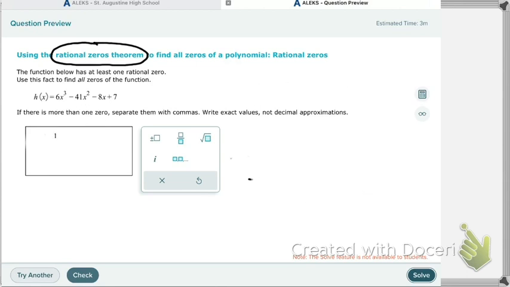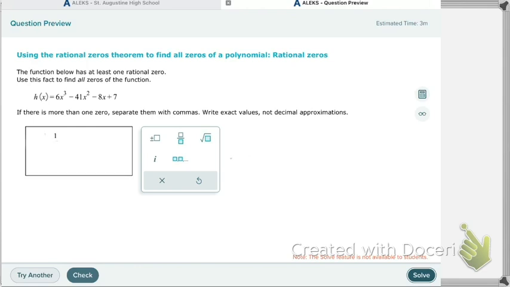All right. So what is this rational zero theorem? The rational zero theorem says that if a polynomial has a rational zero, and it might not have a rational zero, it might have an irrational zero. So it might have a zero that is a radical. It might have an imaginary zero. But if it has a rational zero, it has to be one of these.